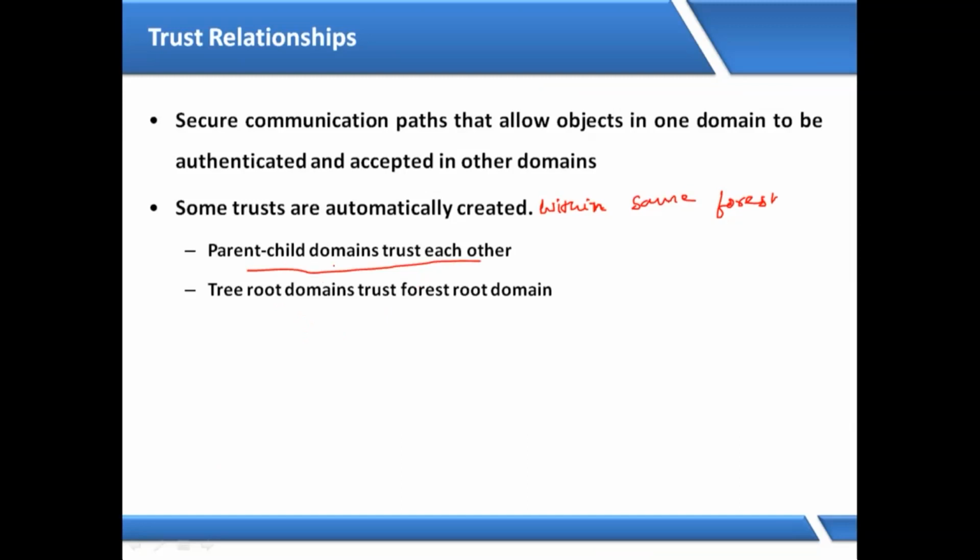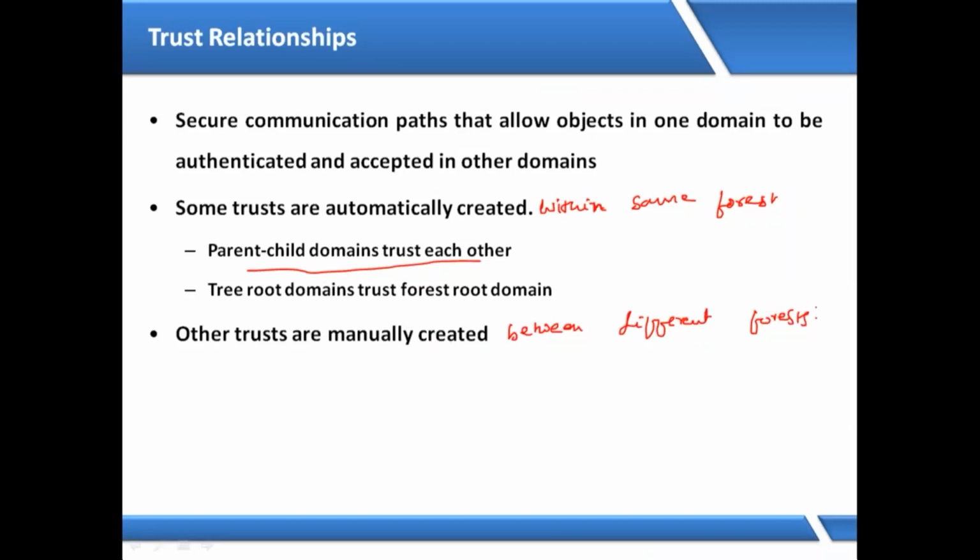So we don't have to create a trust. But some trusts have to be created between different forests. This is what we are going to work on today: between different forests, we have to create a trust.